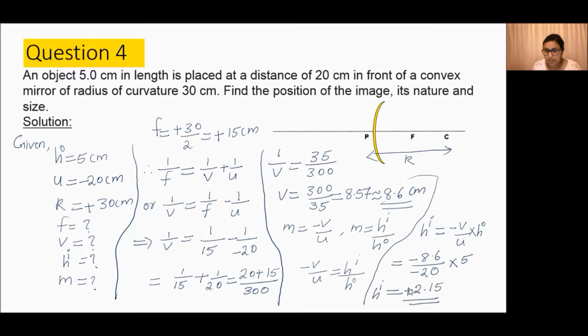So HI is plus 2.15 and it is virtual, erect and upright image.